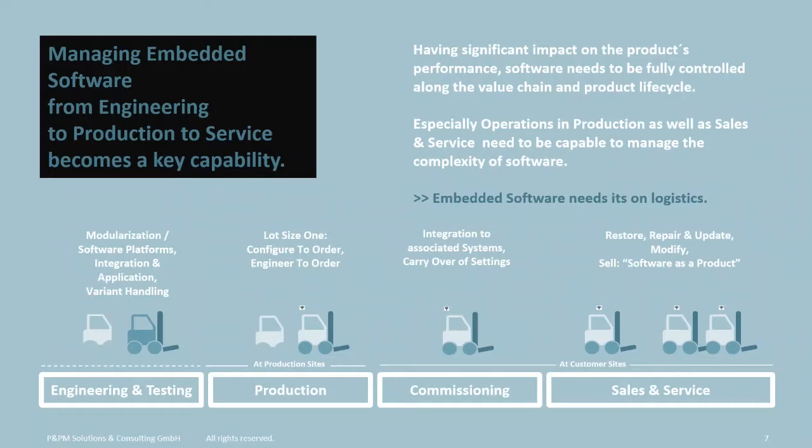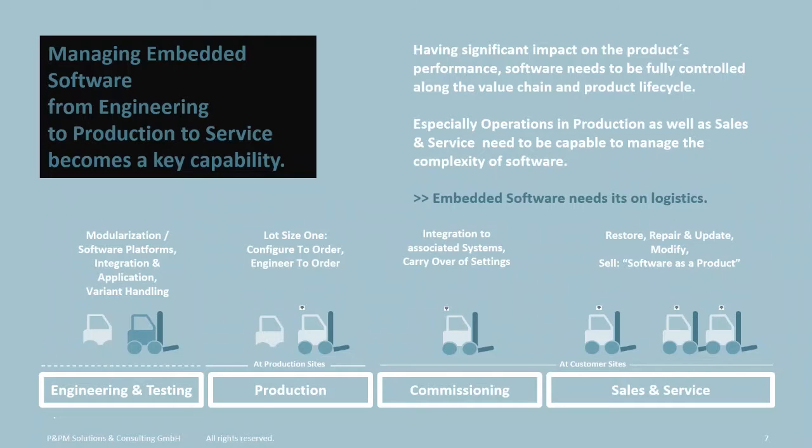When we start with the engineering area, then we need to recognize that software is also implemented via modules and platforms a lot. So the opportunity is, of course, to scale the use of a dedicated software platform along diverse products.